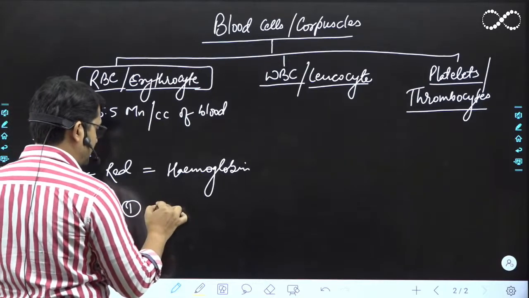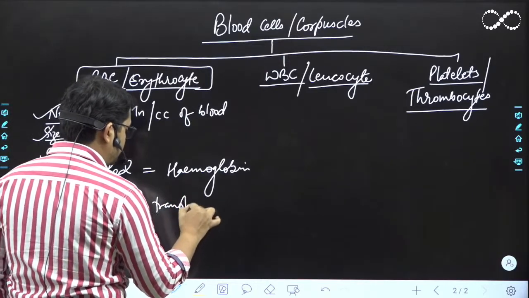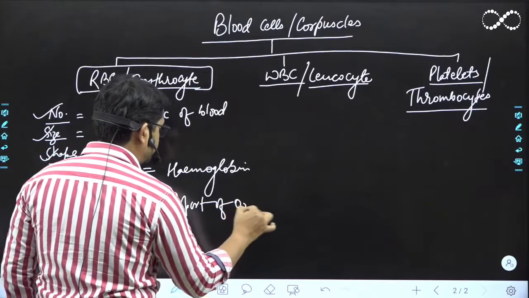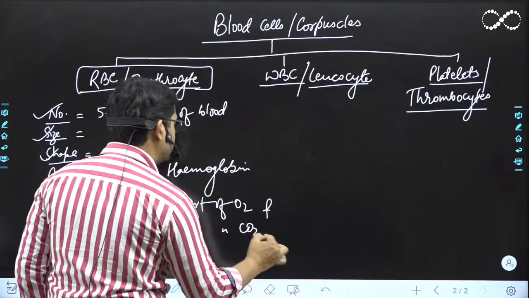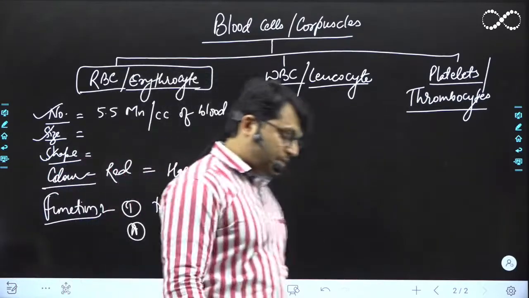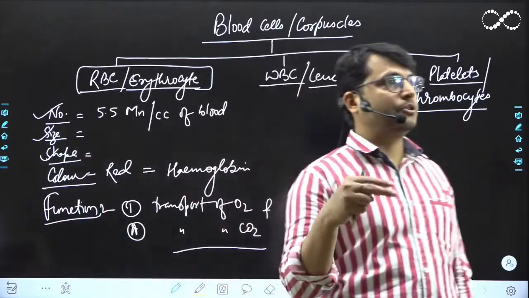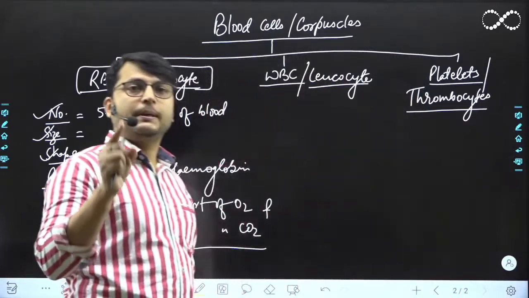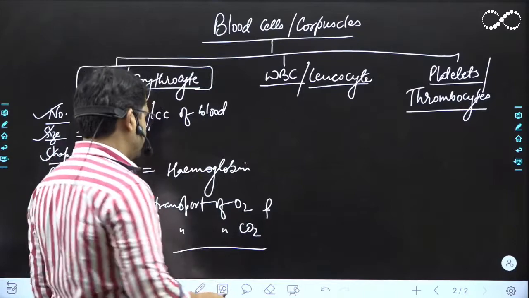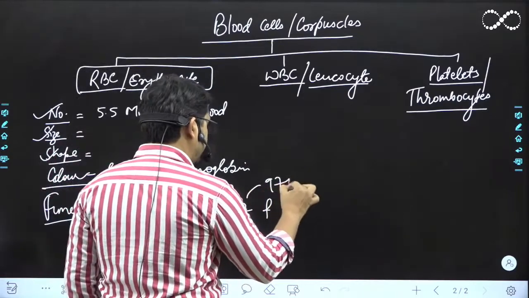Number one is the transport of O2, and number two, transport of CO2. ठीक है? तो RBC के फंक्शन में दोनों याद रखिएगा, ट्रांसपोर्टेशन ऑफ ऑक्सीजन एज वेल एज दी CO2. ओके. नाउ मेनली किसका करता है? ऑक्सीजन का. कितना? 97%.